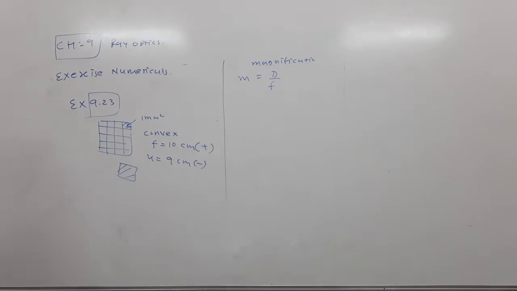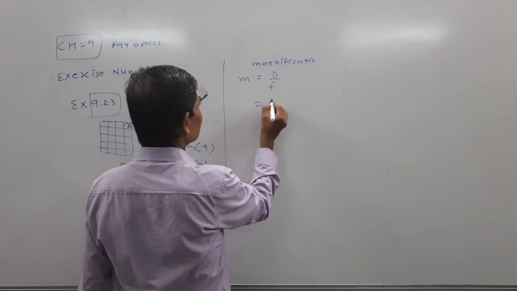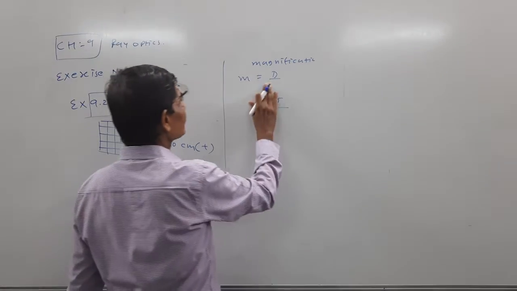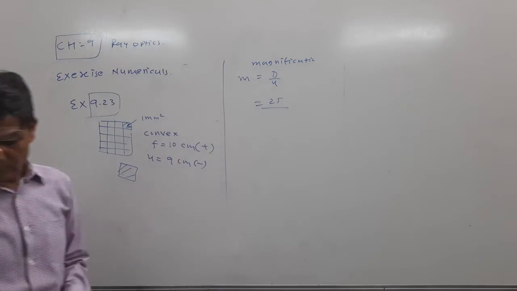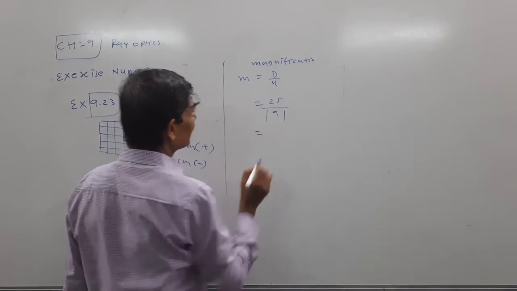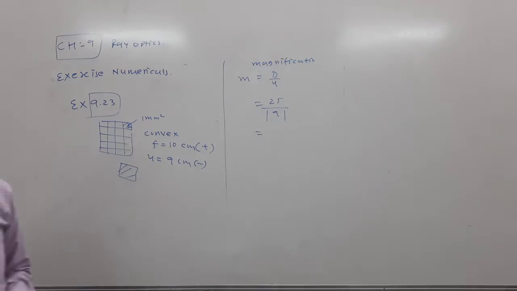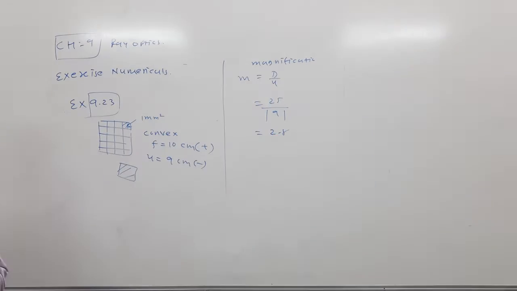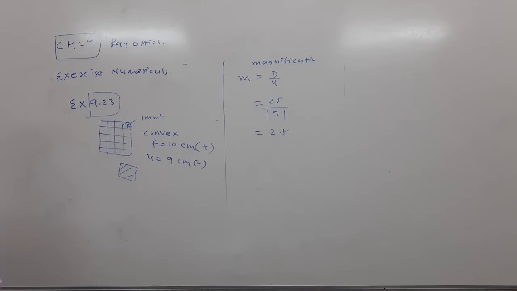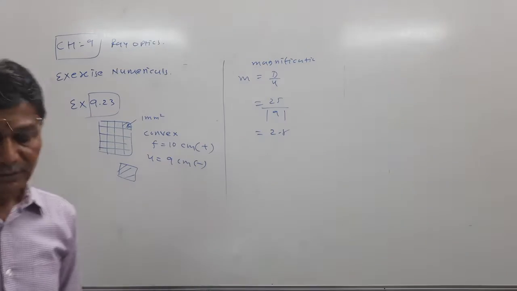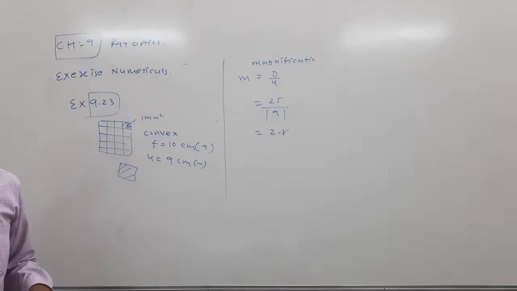Now d is nothing but our near point, that is 25, and f is given as 10. So m is equal to d by u. Now the object distance is 9, so the value turns out to be 2.8. What we see here is that the linear magnification and the angular magnification are not the same.